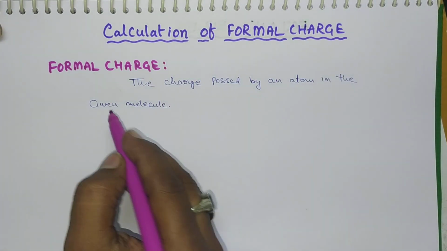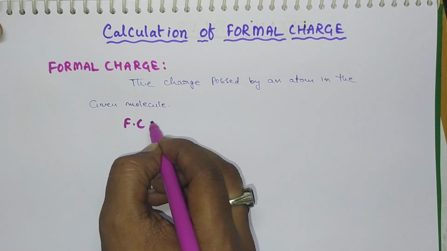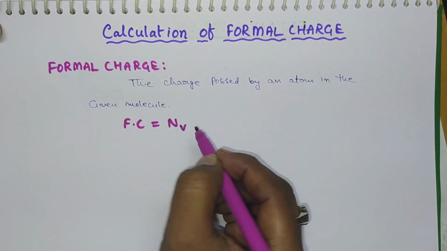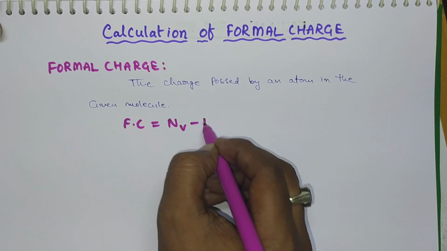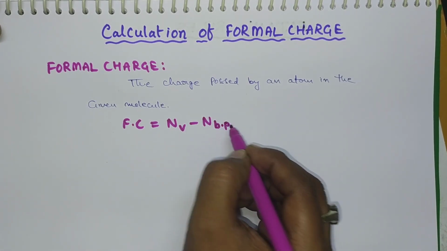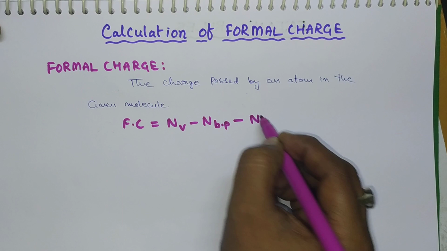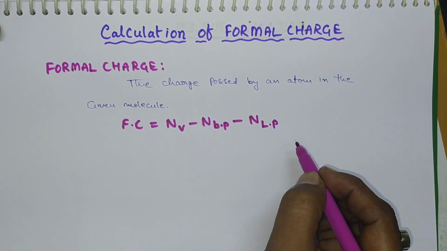So, let us consider the formula for calculating the formal charge. Formal charge is equal to number of valence electrons minus number of bond pairs minus number of lone pair of electrons.